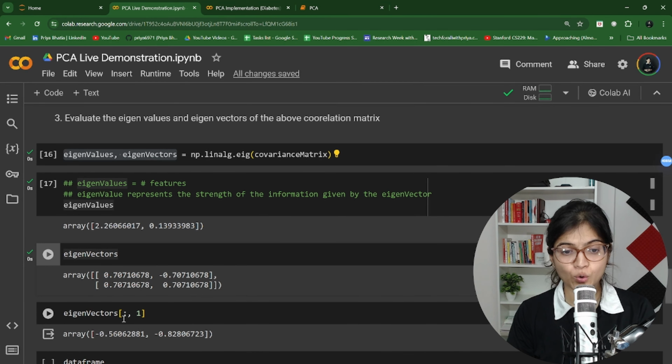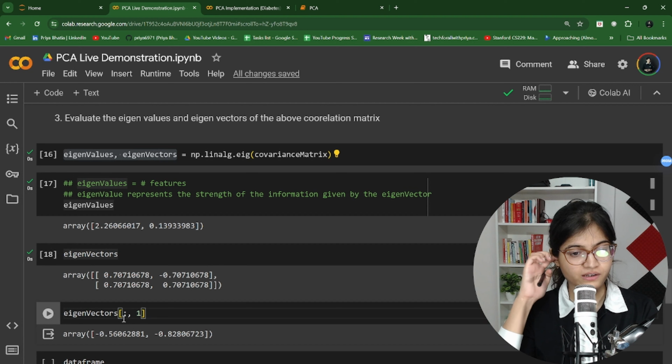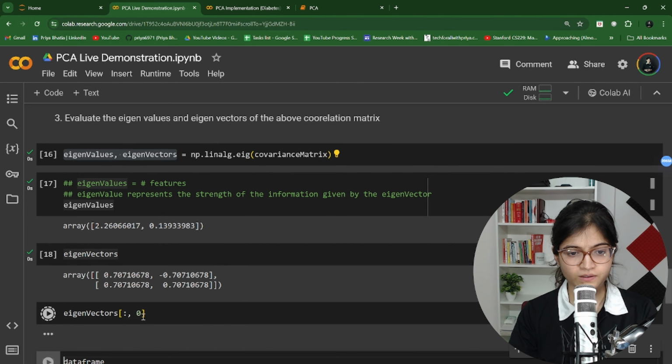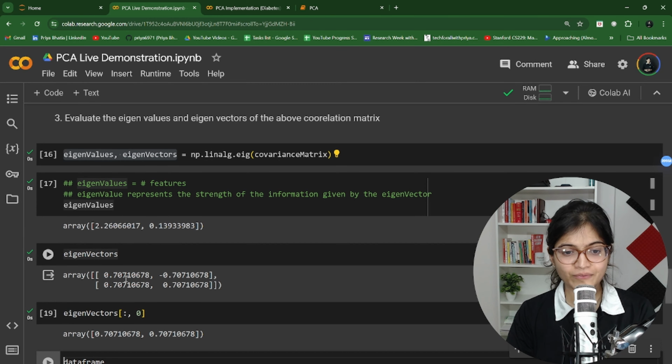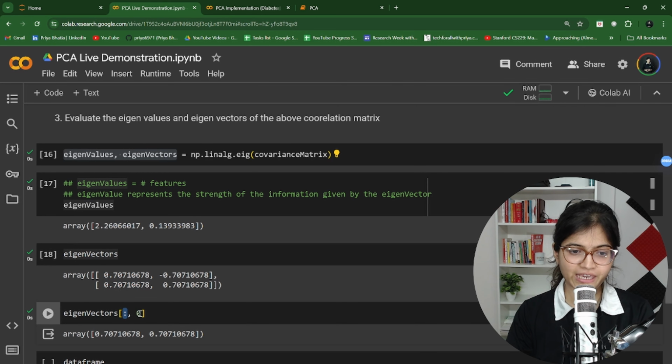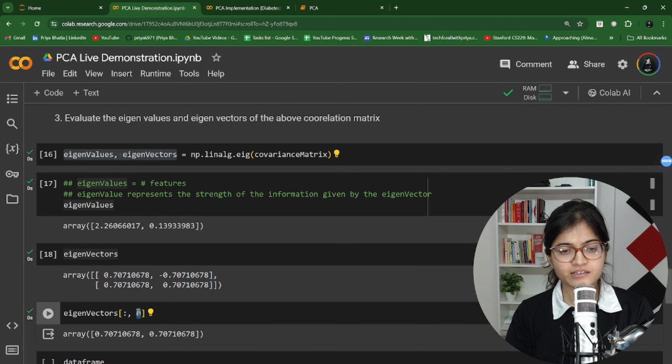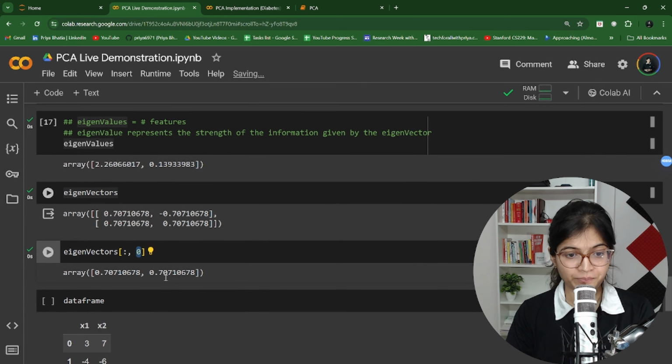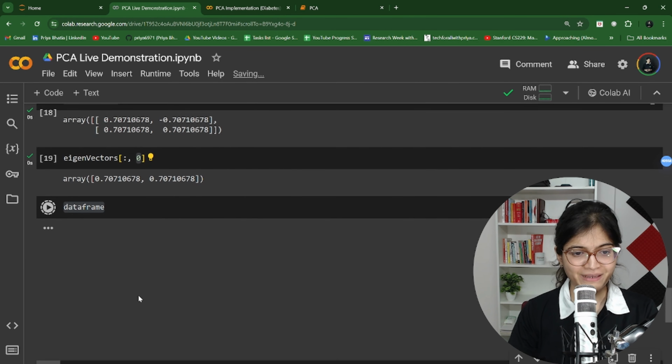So what I'm looking for is all the rows, followed by, let's say, the 0th value. So I will be able to get this specific value 0.071 and 0.071, because I am saying consider all the rows, give me the 0th column. Similarly, I can get the first column as well. Now, this is the data frame that we have.